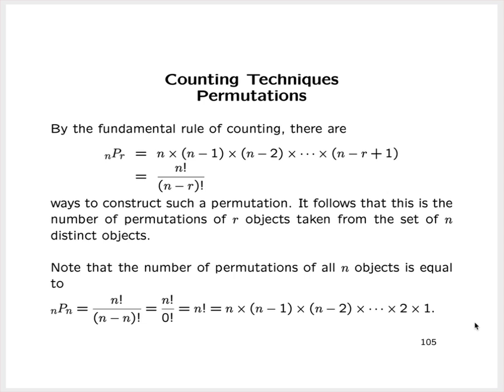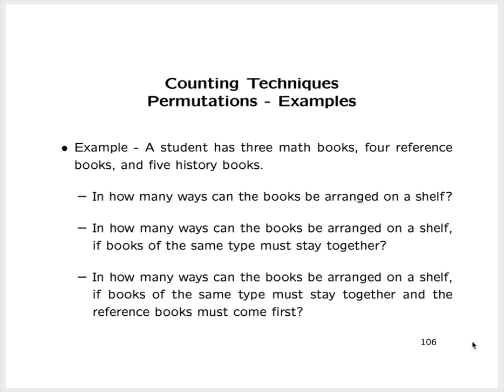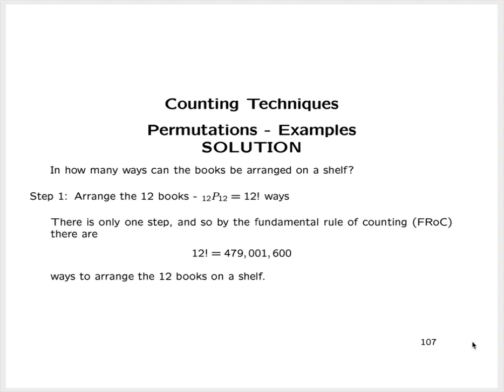So let's see an example of this. A student has 3 math books, 4 reference books, and 5 history books. Now we're going to answer several questions, the first of which is, in how many ways can the books be arranged on a shelf? Well, there are 12 total books, and so we want to know how many ways can we arrange the 12 books on a shelf.